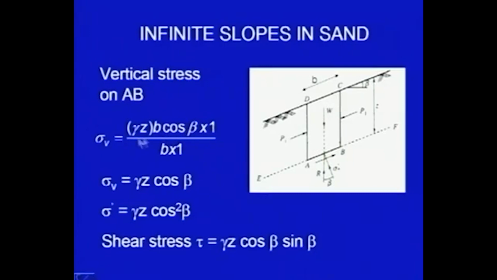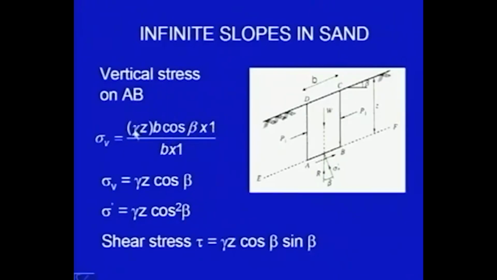So, B cos beta into Z gives me the area, and I am taking 1 unit perpendicular to the plane of paper. So, volume will be Z B cos beta into 1, and when I multiply it with unit weight, that gives you the weight.